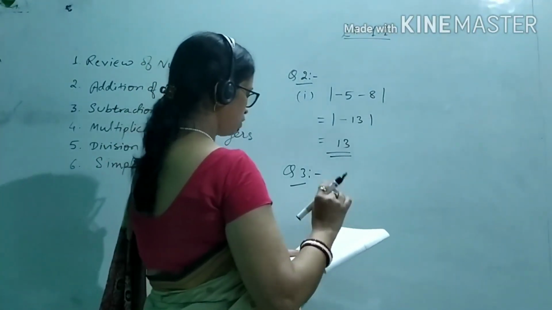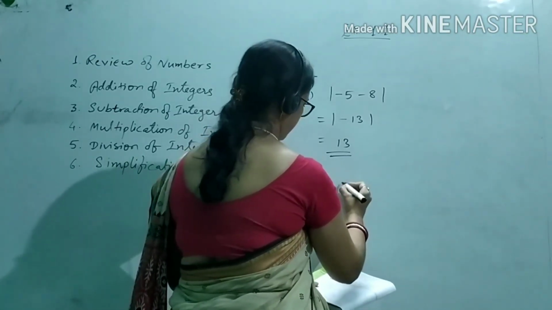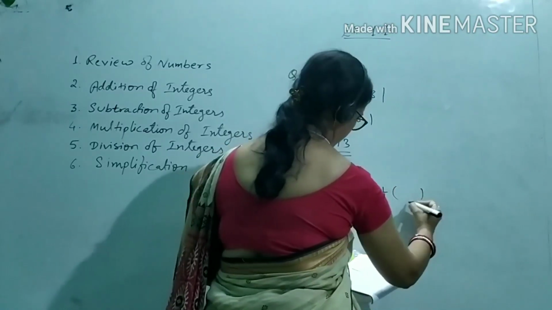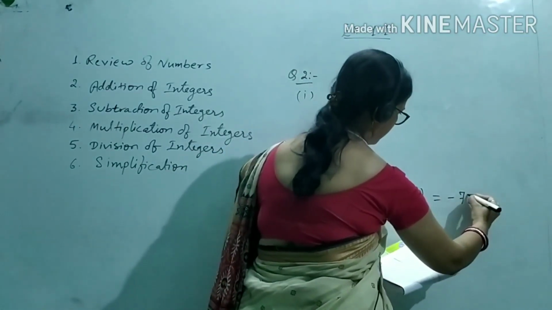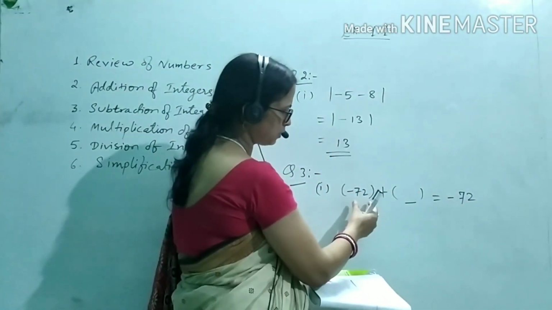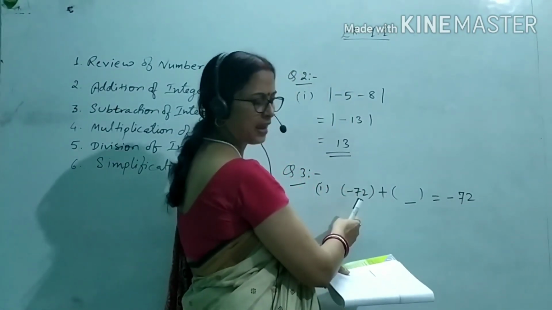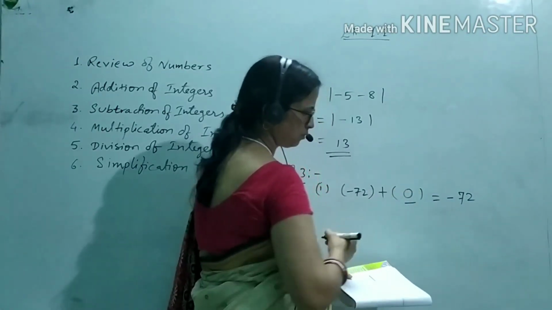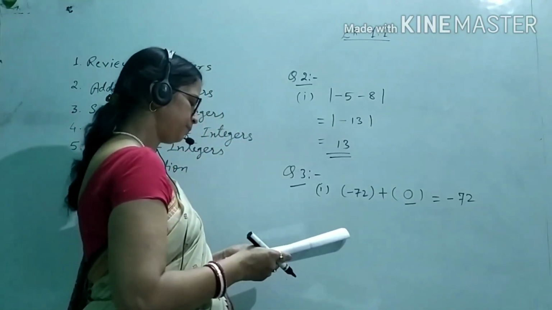So now the first question I am going to solve is the first number: minus 72 plus dash equals minus 72. Children, now we will see what we will add to minus 72 so that the result will be minus 72. So we will use additive identity, so the answer will be 0.